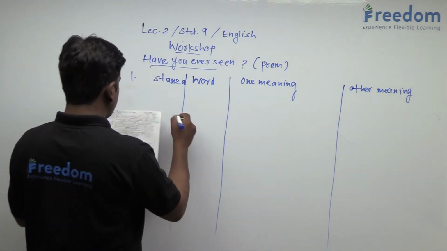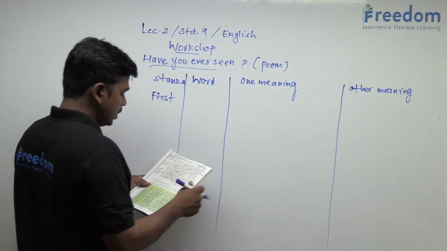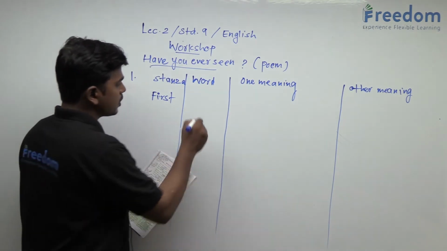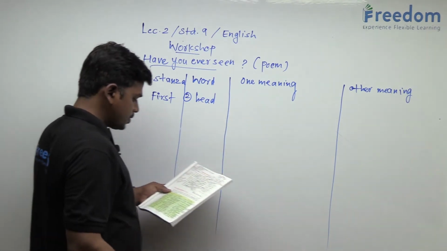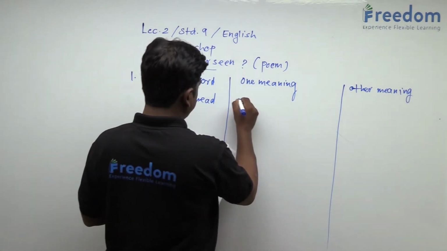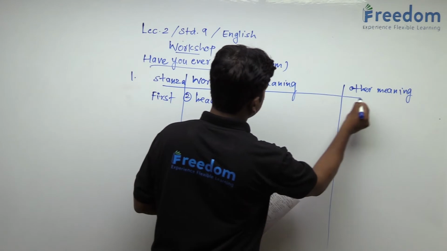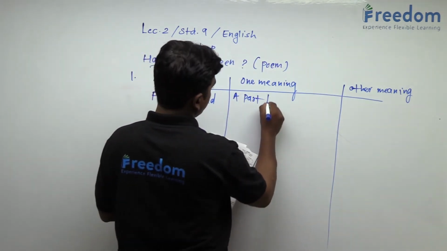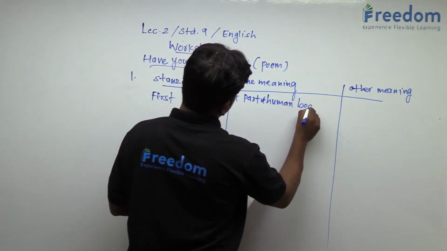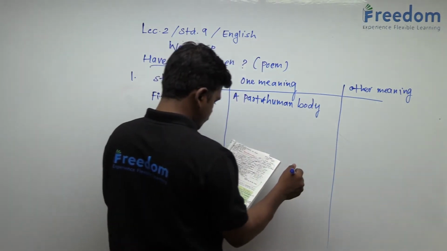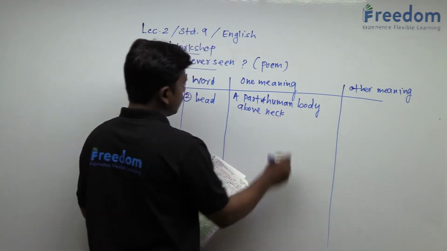These words appear in stanza 1. The next word that appears, the second word, is head. Now, what is one meaning of head? A part of the human body above the neck, that is head.